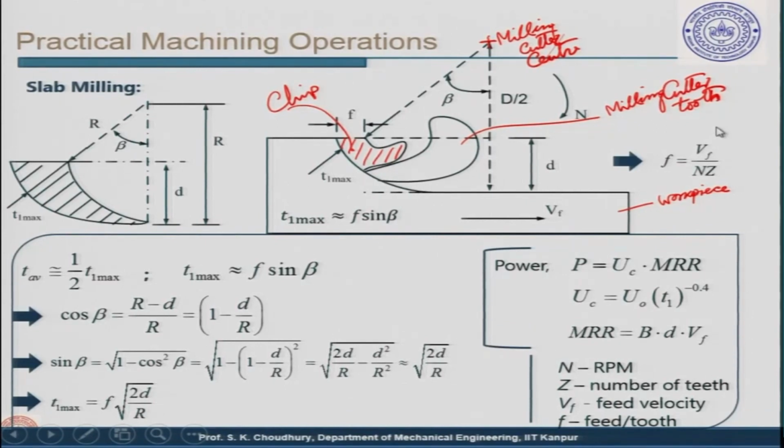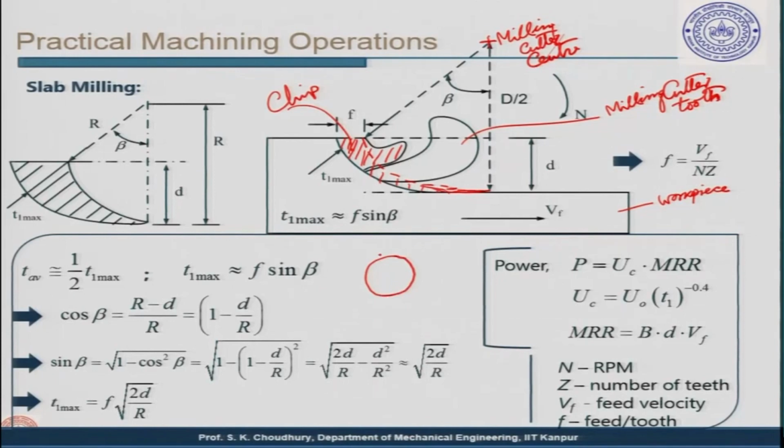That means the milling cutter's initial position was like this, then it has moved to another position. So, this is the actual chip which is being removed, you understand. I can show you in a smaller way.